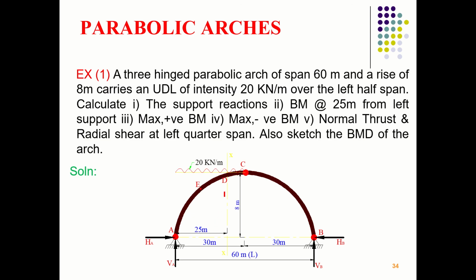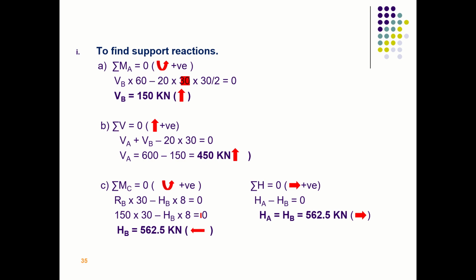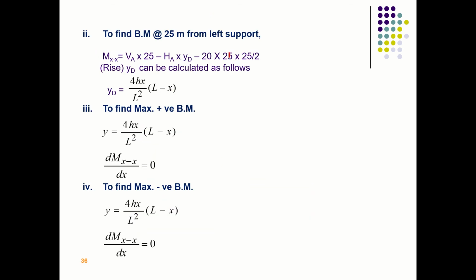Because the whole half of the arch was taken. Now you are talking about point D, and only this load is acting up to point D coming from left support A, right? So you are using the length of 25. So from here you will be able to get yD is equal to 4 into hx divided by L squared into (L minus x).